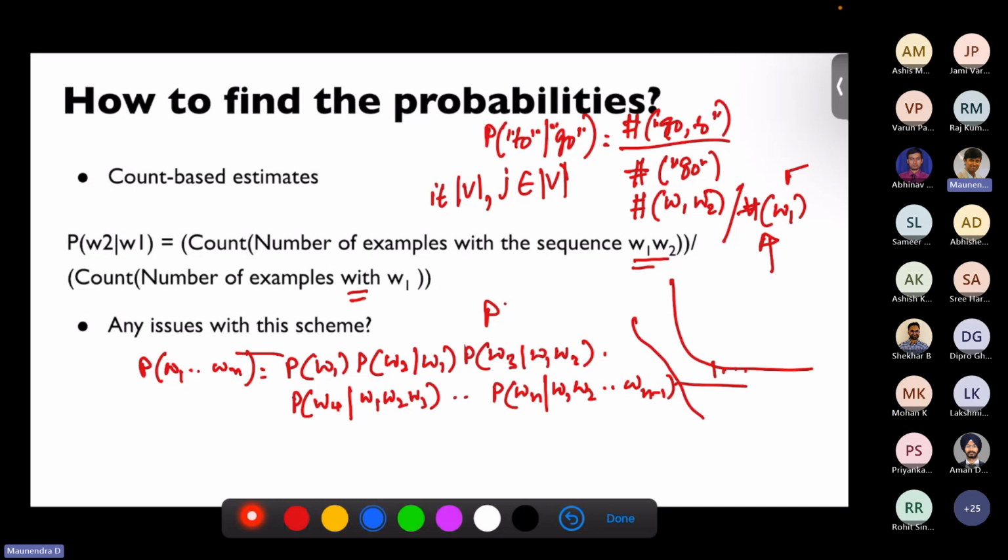Now, what if we want to use this for finding the probability?